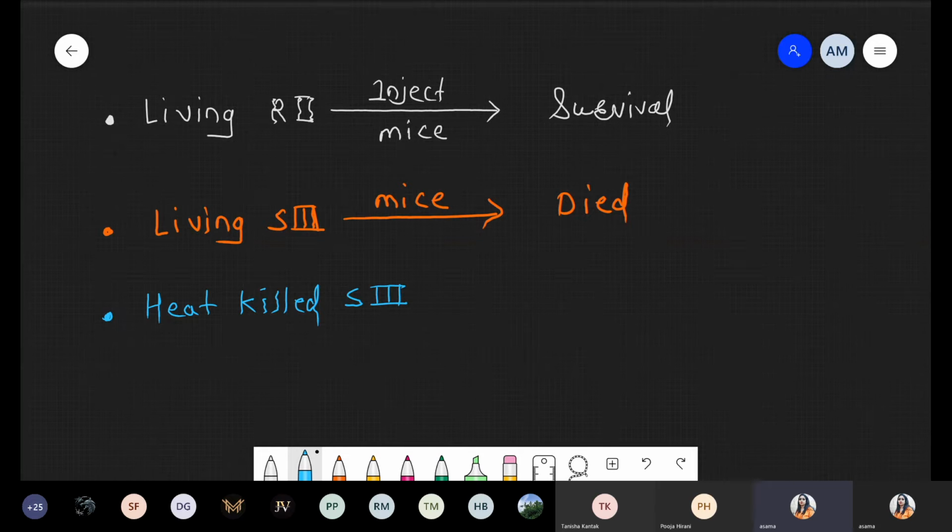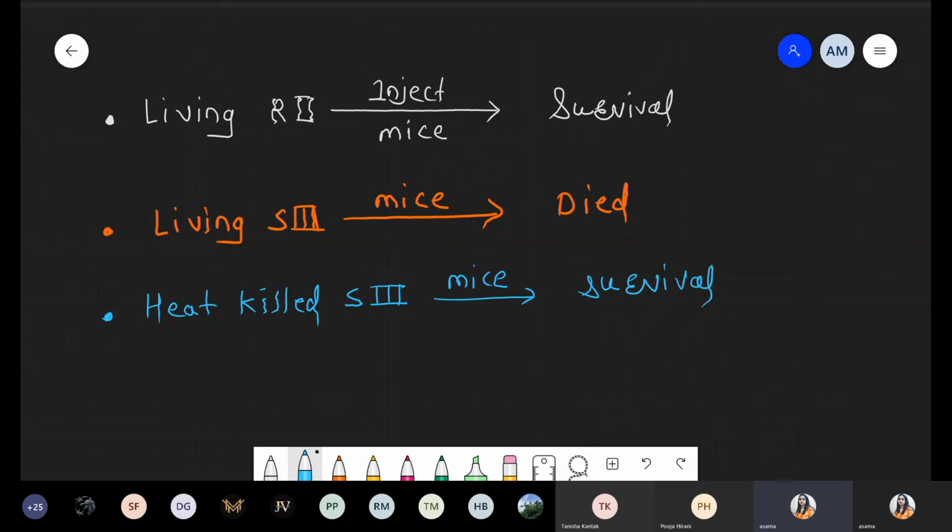That's why we call it heat-killed. Because of the heat, there is lysis of the cell wall and plasma membrane. The heat-killed S3 strain is injected into a mouse, but in this scenario again the mouse survives.